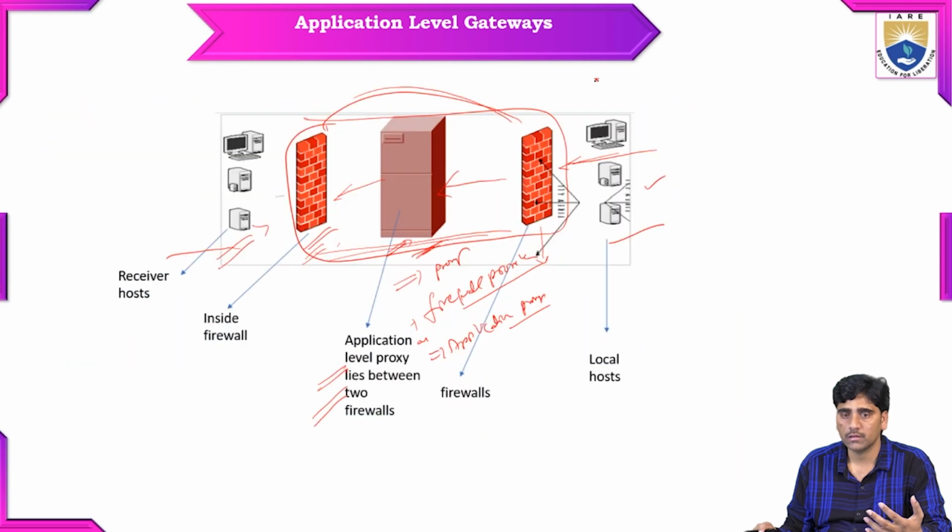Firewall proxies. This application level gateway lies in between the firewall, so we can say it is in the demilitarized zone also. If data is incoming from other hosts to this application server, the firewall may be configured to pass the information.